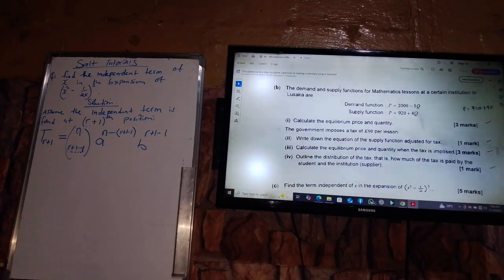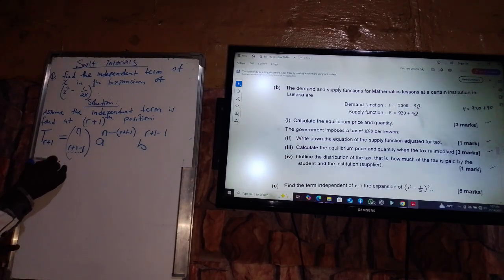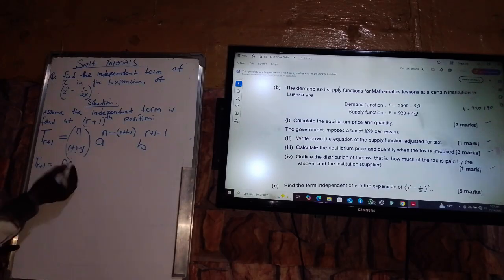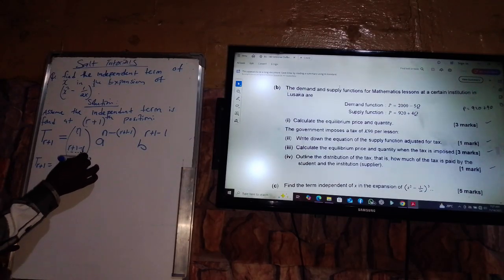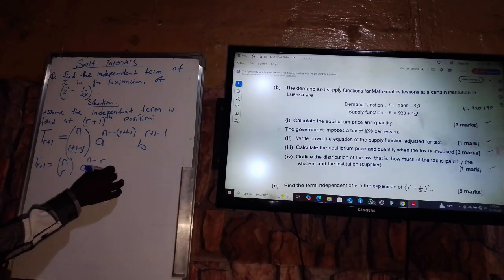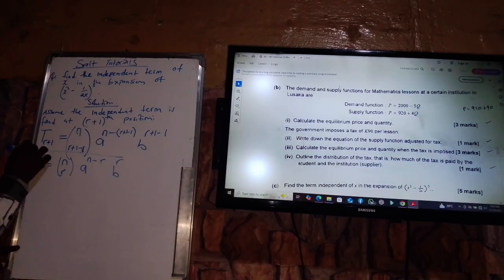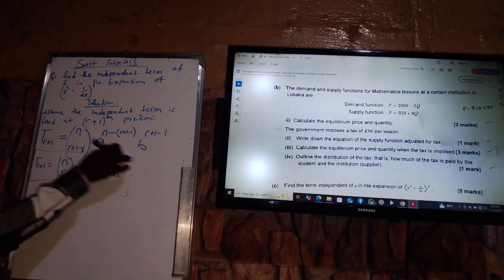So that when you simplify this, then T R plus 1 is basically equal to N combination R, A power N minus R, B power R. So this is the first task which is required for you to do.